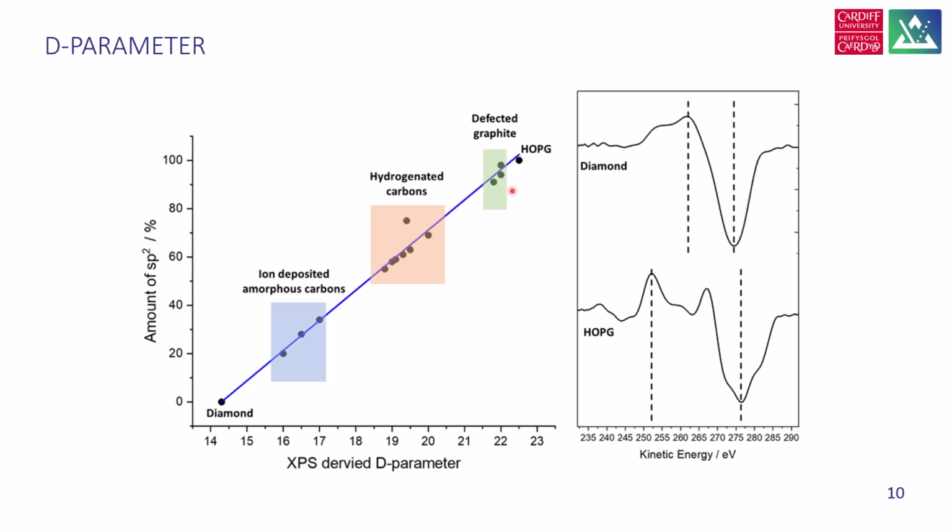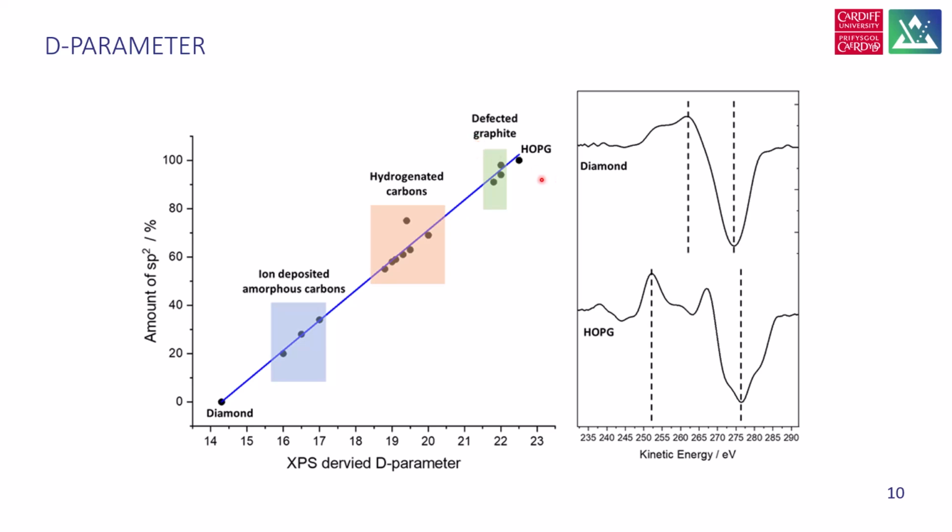And indeed, Blaskovich and Scaglione did this for a range of materials, from diamond to HOPG, amorphous carbons, hydrogenated carbons, what they call defective graphite, where they've argon etched them slightly to introduce some defects.